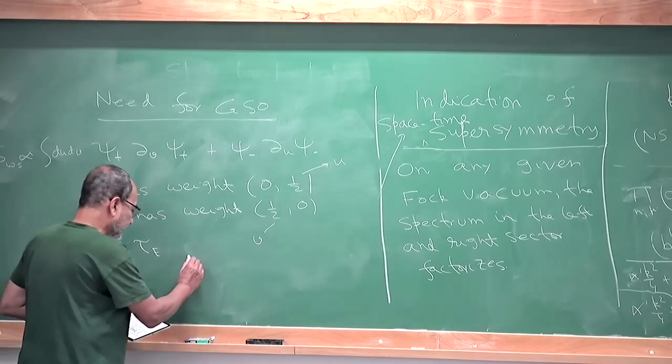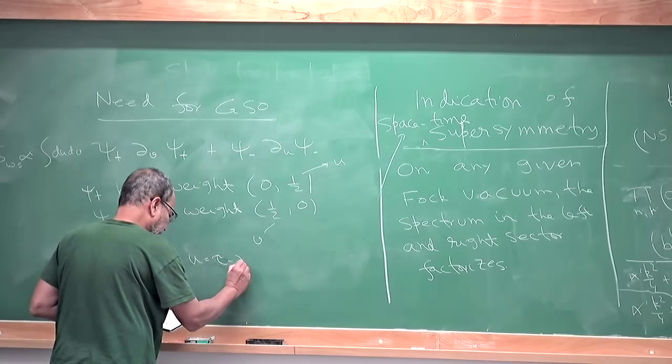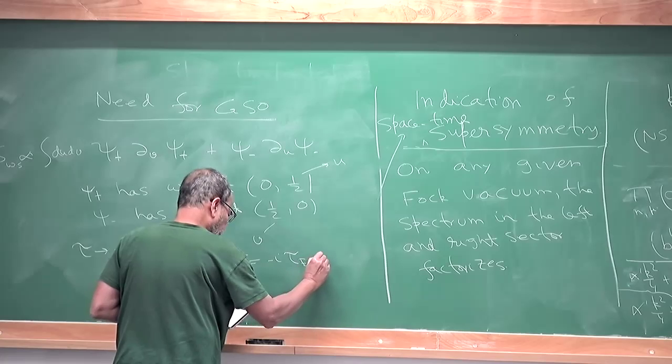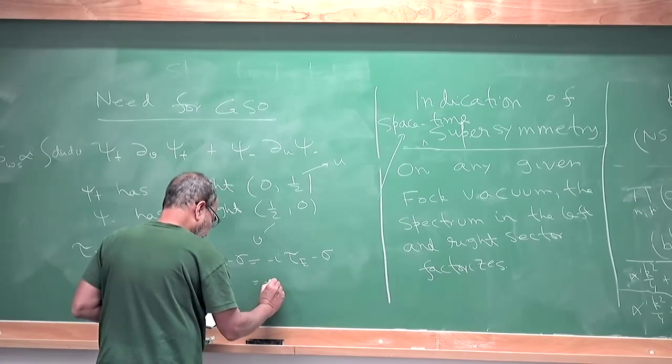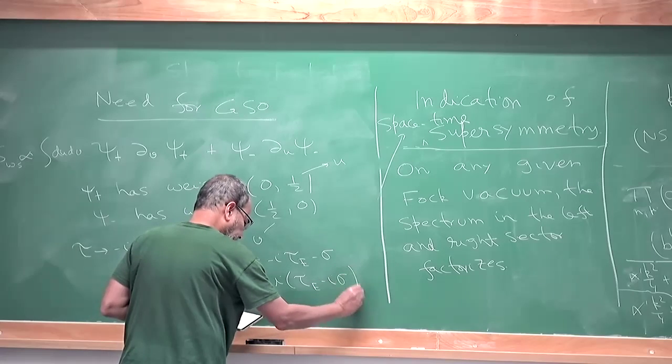In this case, u, which was tau minus sigma, will become minus i tau_E minus sigma, and that is minus i times tau_E minus i sigma.